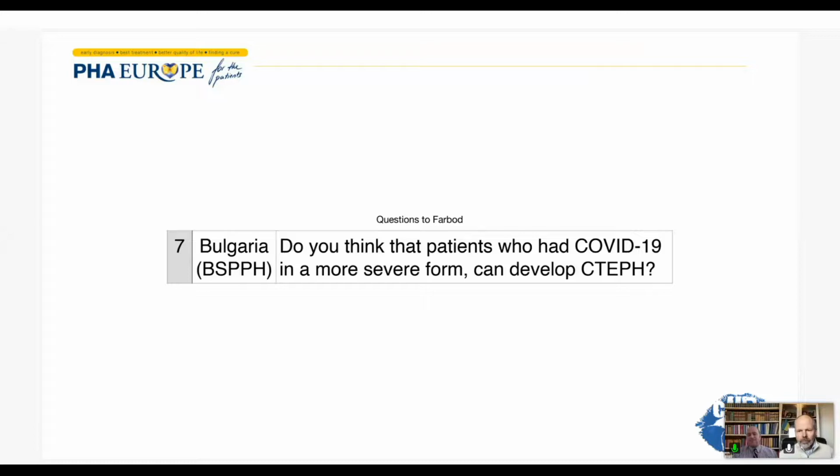I think at this point, we just don't have the data to say whether COVID-19 is going to lead to a rash of patients with chronic thromboembolic disease. But I think the cornerstone of preventing chronic thromboembolic disease is anticoagulation and prevention of recurrent clots. So hopefully, if you've been diagnosed with COVID and you have severe symptoms and shortness of breath, someone will look for clots early on in the process so that you don't develop CTEPH.